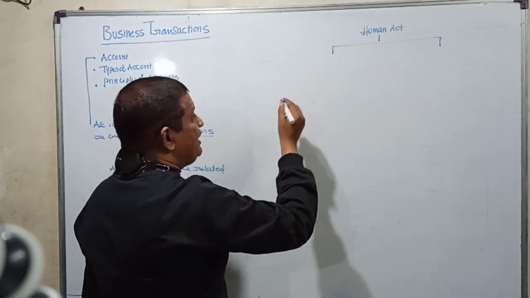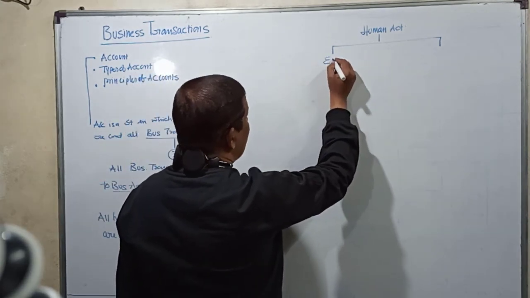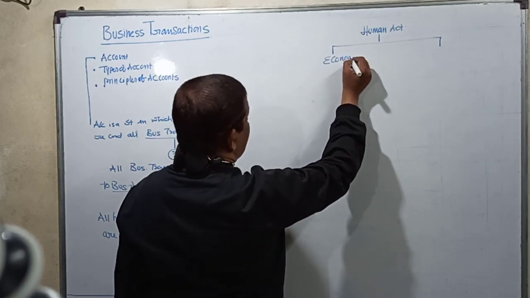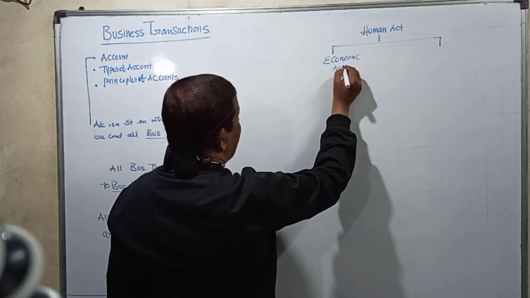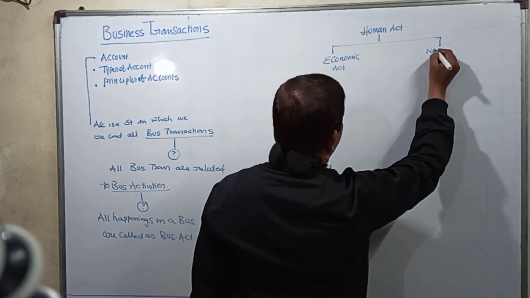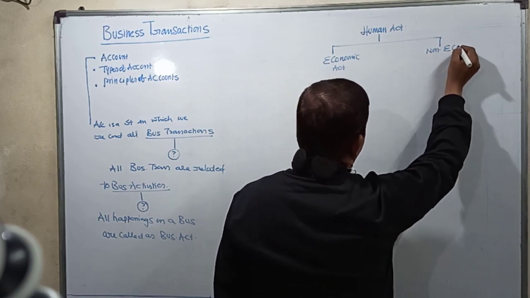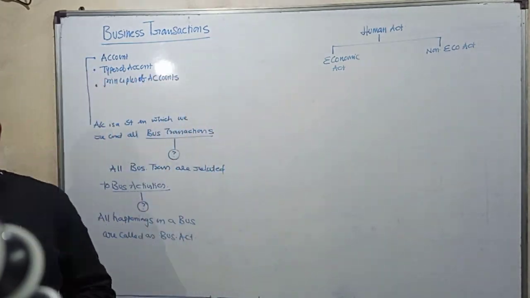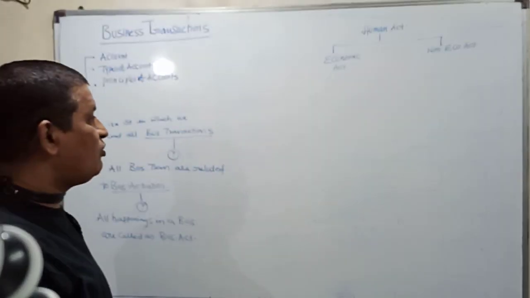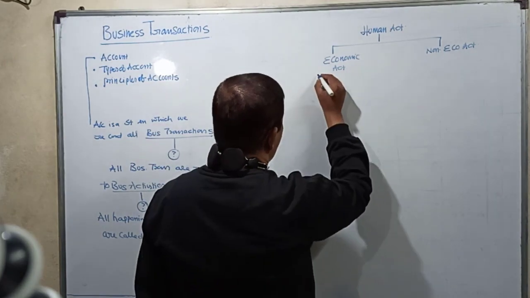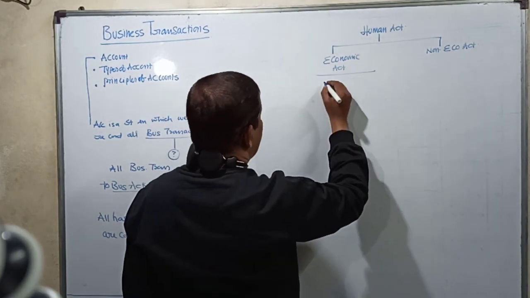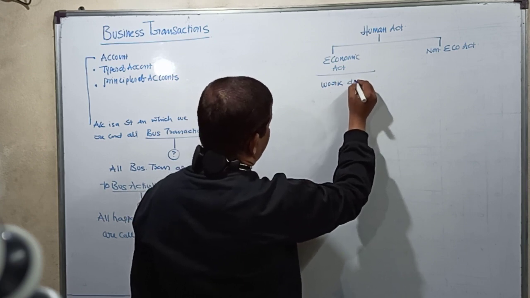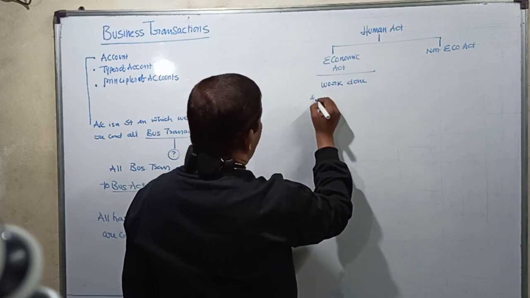All human activities can be classified as economic activities and non-economic activities. Now, what are economic activities? Economic activities are where there is work done and money is transacted.